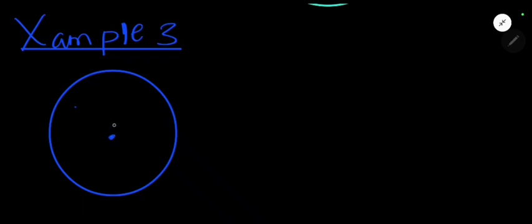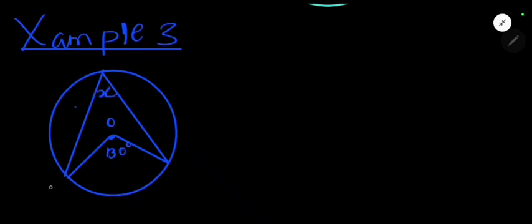Okay, we have a center O there, and we have this like that. Then we are told that this one here is 130 degrees, and there you have X. So this is figure A, B, and C. The question says that O is the center of each circle.